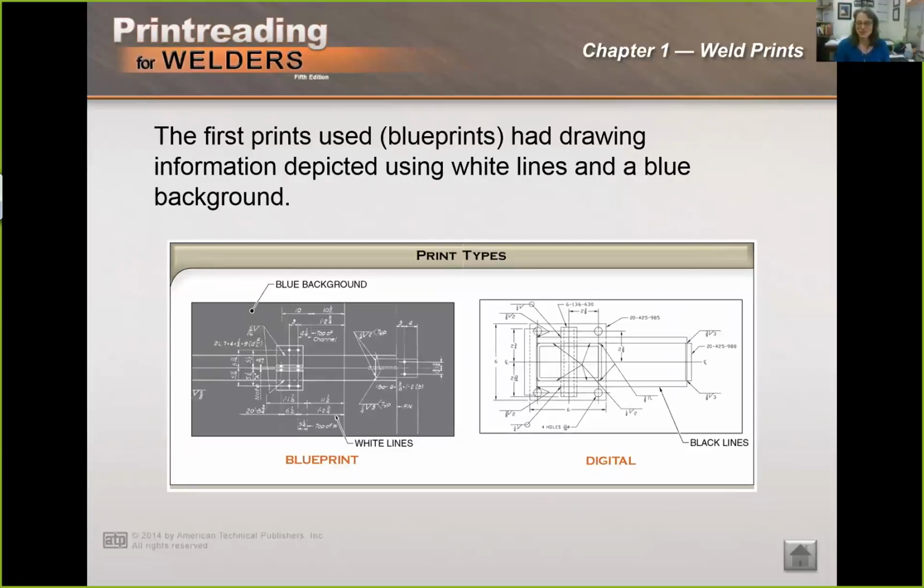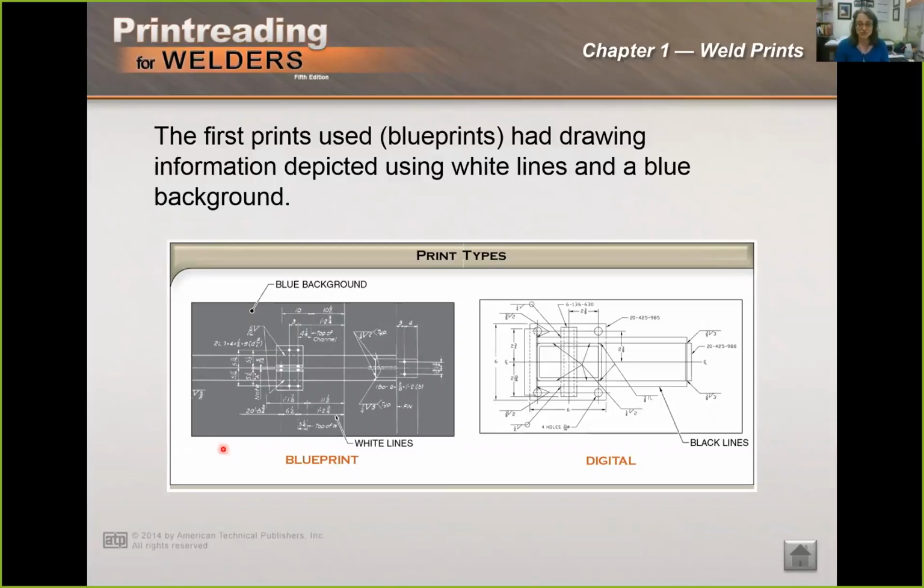So let's talk about how prints were originally made. Blueprints were the original prints, and they actually began to be used in 1840. This is an example of a blueprint. They were actually blue pages with white lines.